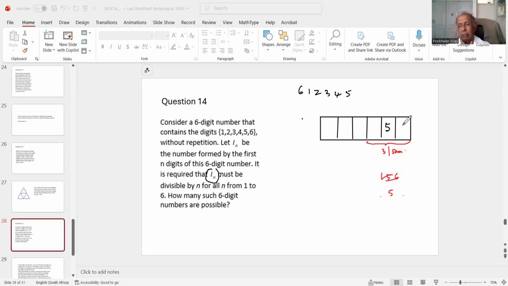These two can't add up to 1. That's impossible. 5 plus 1 is 6 here, but it can't add up to 1. The next multiple of 3 is 9. Can these two add up to 9? That means those two add up to 4. You can have 1, 5, 4. You could have 2, 5, 3. Oh, I'm sorry, 2, 5, 2. That's not allowed. What am I doing? Sorry about this. Let's start all over again.